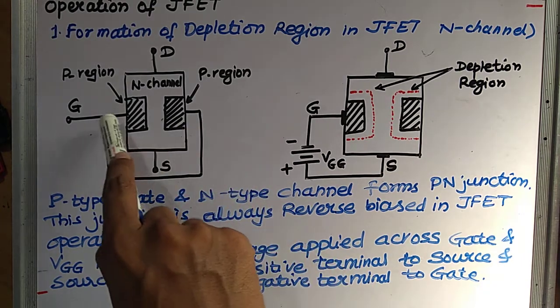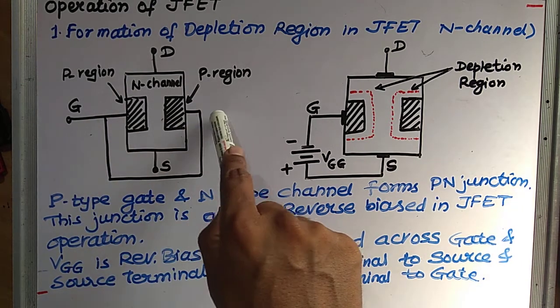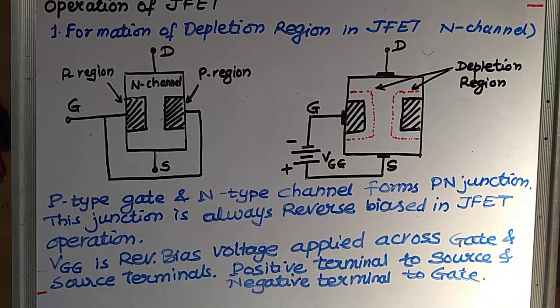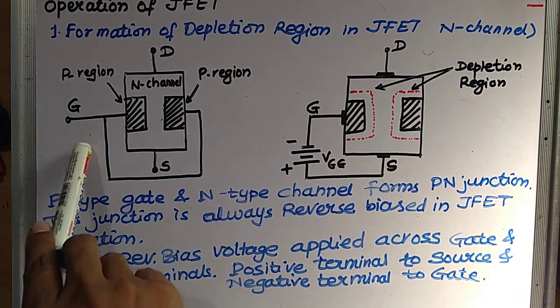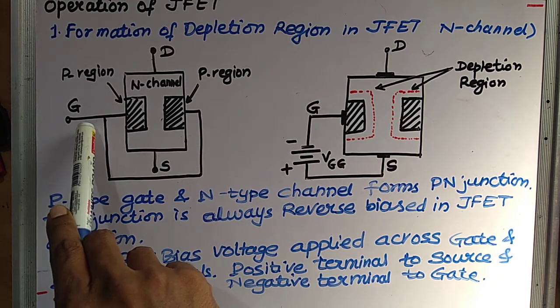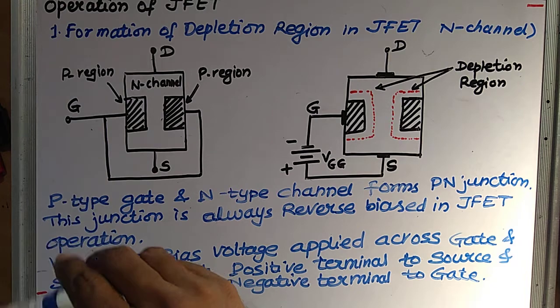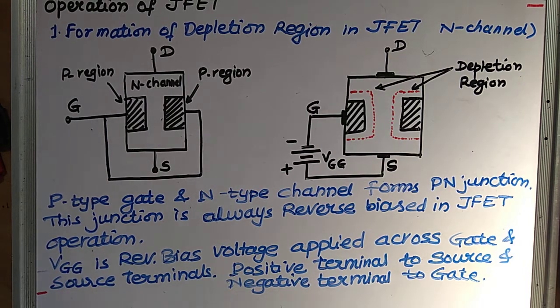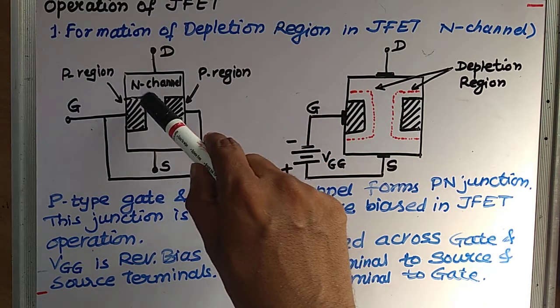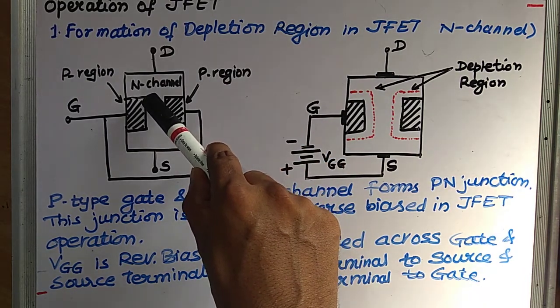Here internally the gate which is connected to the p-type semiconductor is internally connected and a common wire is taken at the output. So this single wire is acting as a gate. Then this is a drain terminal and this is the source. So this is N-channel JFET.